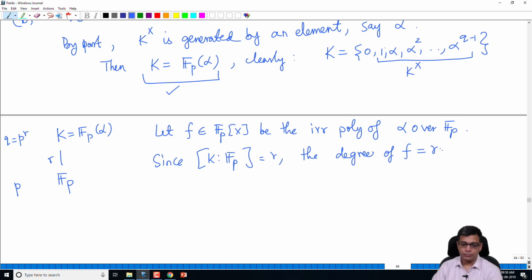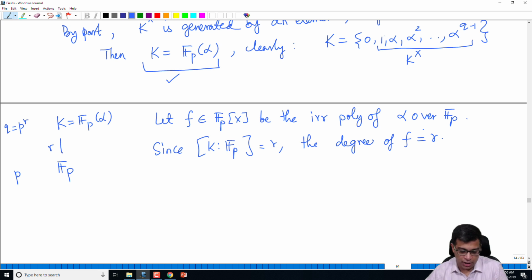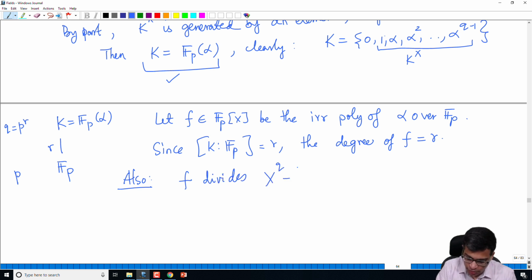This is way back when we talked about degree of field extensions versus degree of elements. So the degree of f itself is r. Also, we know that f divides x power q minus x.